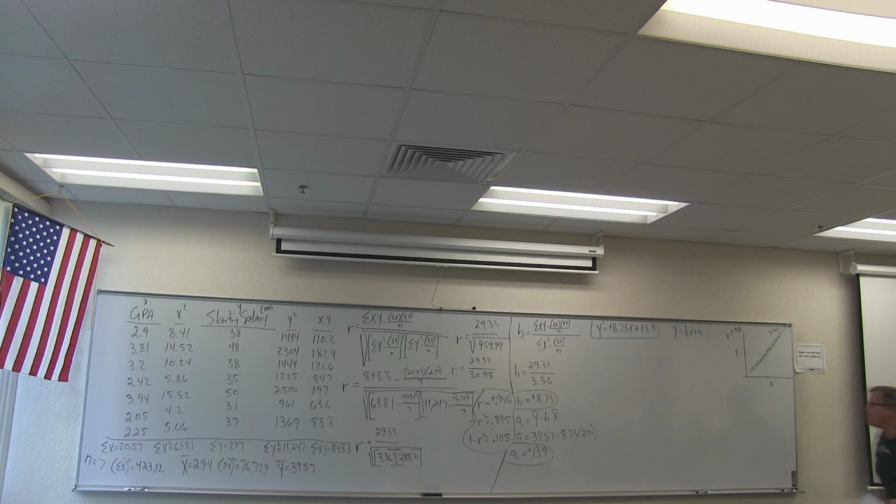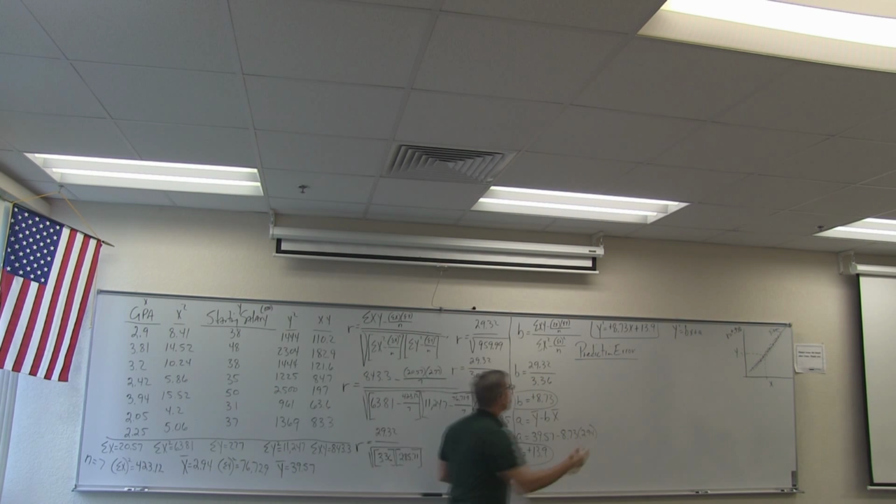So we need to compute this measure of prediction error. And we know this measure is a form of s that is appropriate to the bivariate world. It's called the standard error of the estimate.